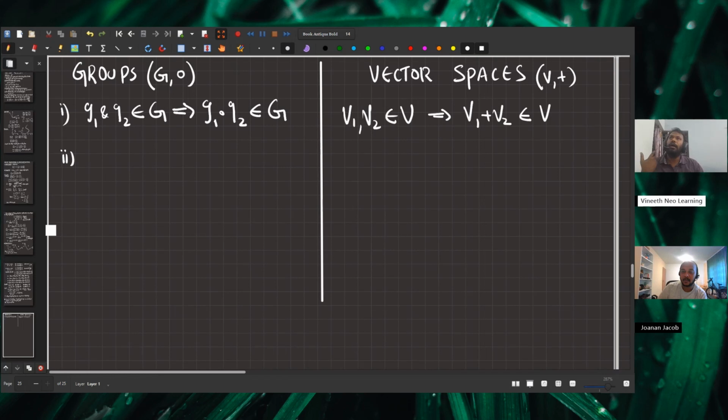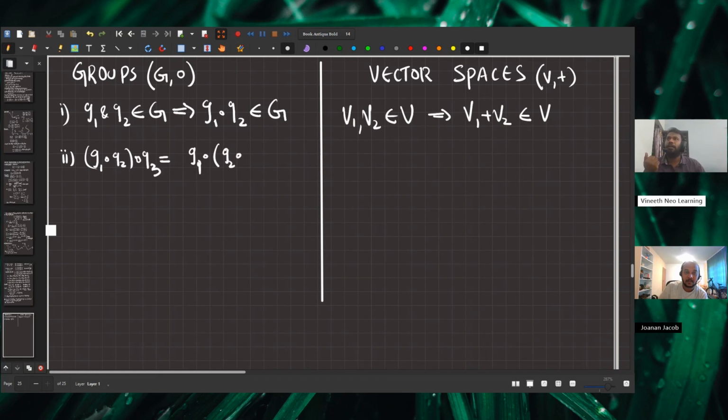This binary operation should be associative: G1 times G2 times G3 should equal G1 times G2 times G3 with the grouping changed, that is, (G1 times G2) times G3 equals G1 times (G2 times G3).